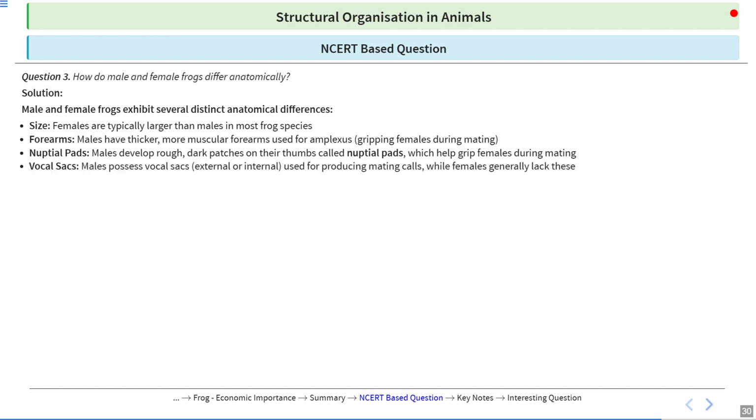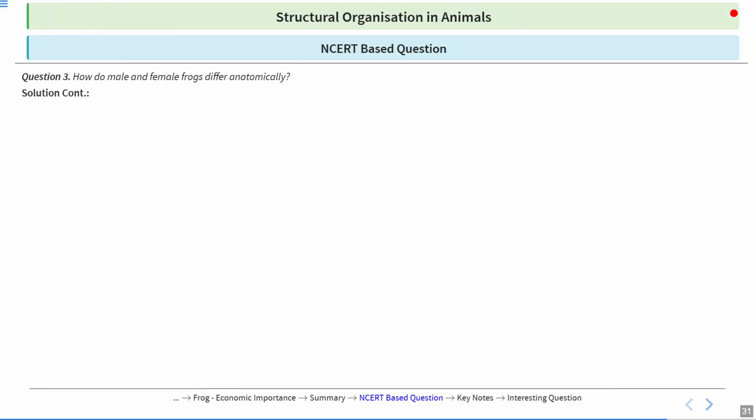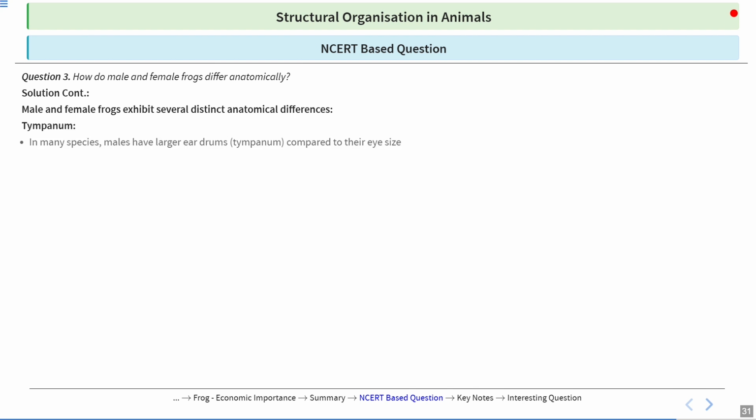Vocal sac: males possess a vocal sac used to produce mating calls, while females generally lack these vocal sacs. Tympanum: in many species, males have larger eardrums, that is the tympanum, compared to their eye size. Females have a tympanum equal to or smaller than their eyes. So there is a comparison of the size of the tympanum with the eyes.